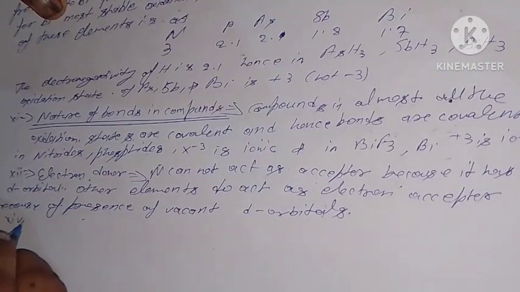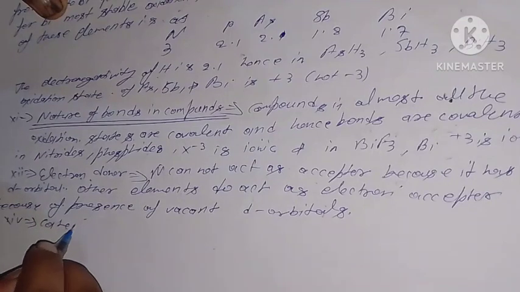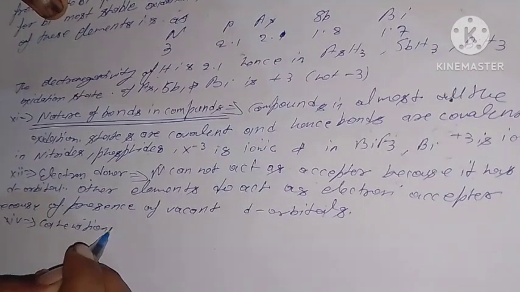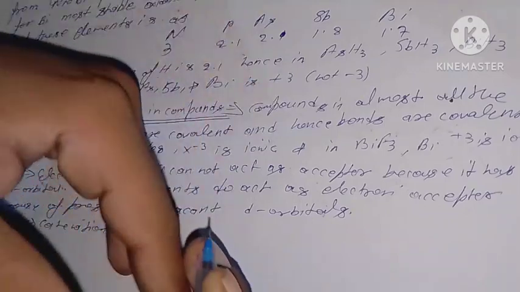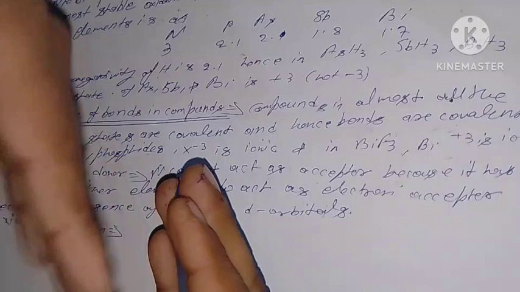Next point, catenation. This property is very low in these elements in comparison to carbon.